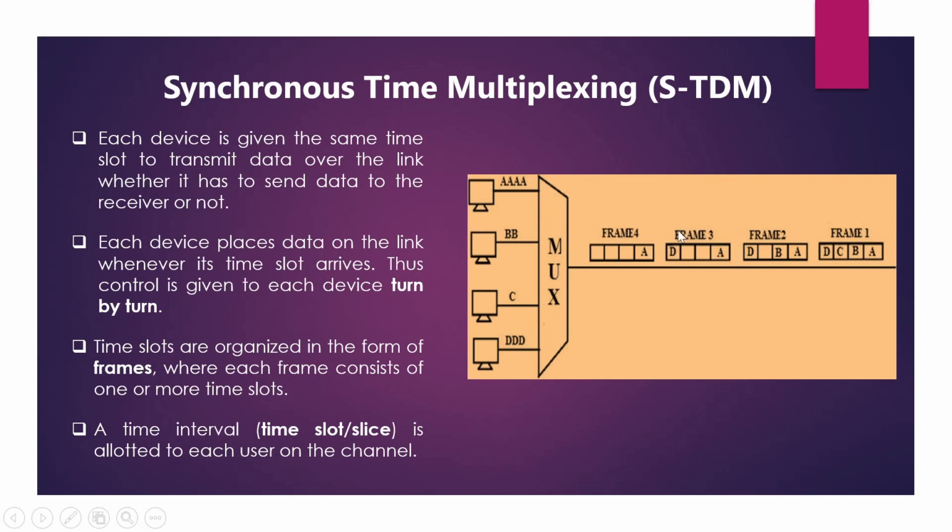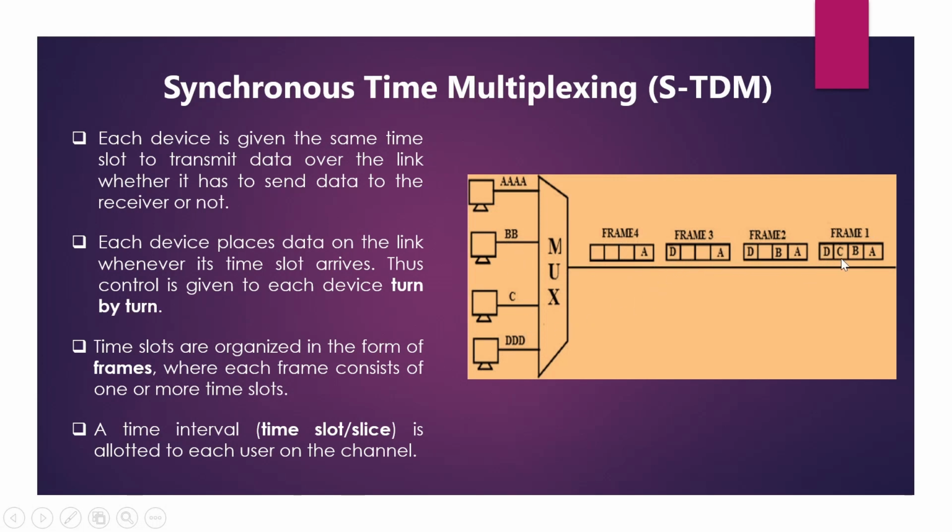Same for D. So D has transmitted data or put the data in the frame. Same way in case of frame 3, only A and D were able to send or receive data. Similarly for frame 4, only A has. So that is why you are seeing 4 A's, because A is present in all 4 cases, B is present in 2 cases, C is present in only 1 case.